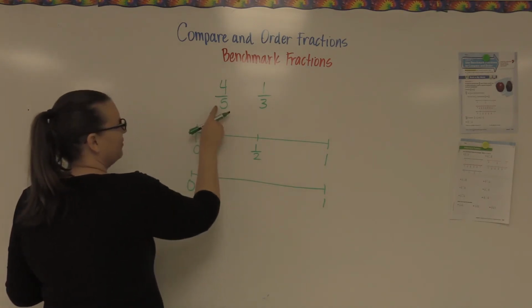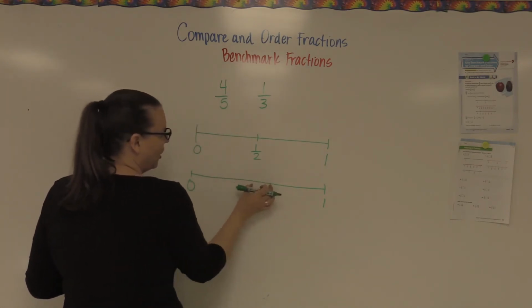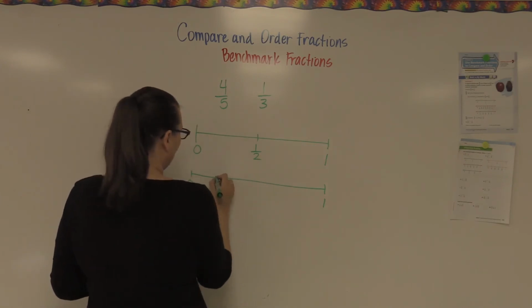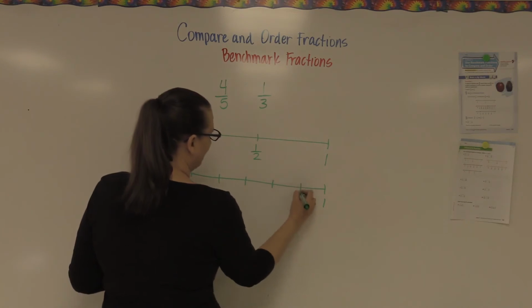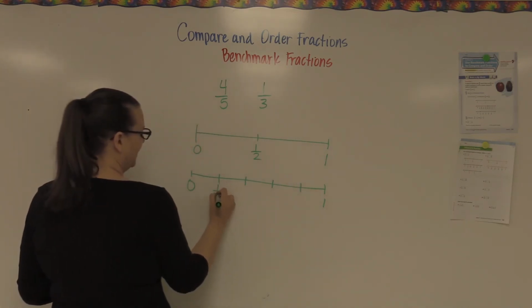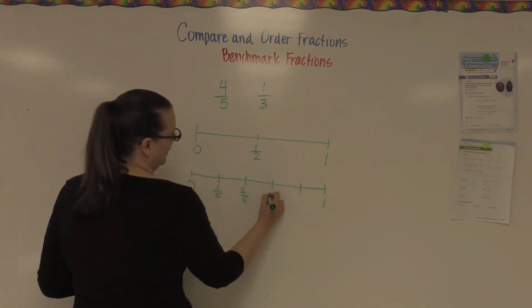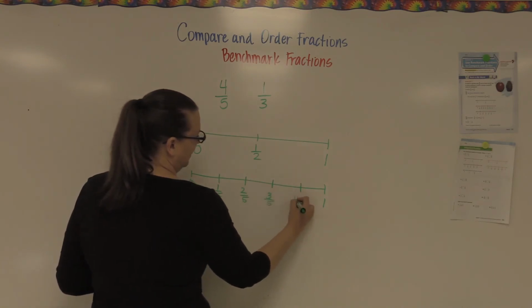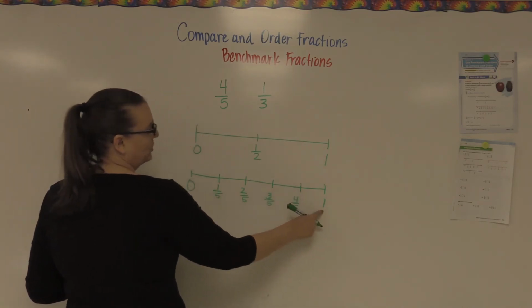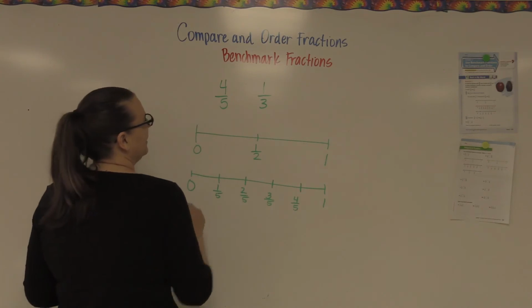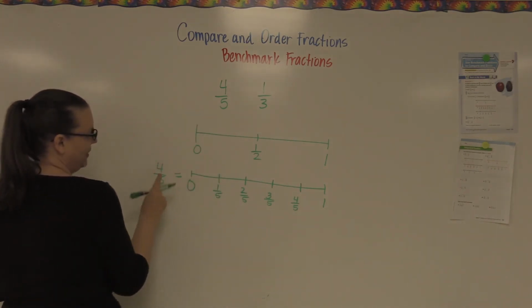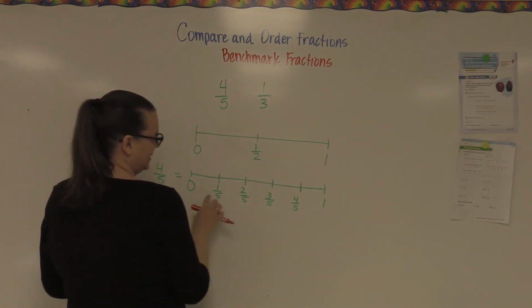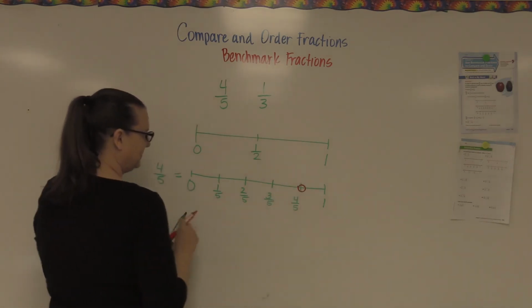That means there's going to be 5 pieces on my number line, 5 chunks. So let's see, 1, 2, 3, 4, and 5. So this would be 1/5, 2/5, 3/5, 4/5, and 1 whole, which is the same thing as 5/5. So this is actually showing us 4/5. So if we have to find where 4/5 is here, right there.